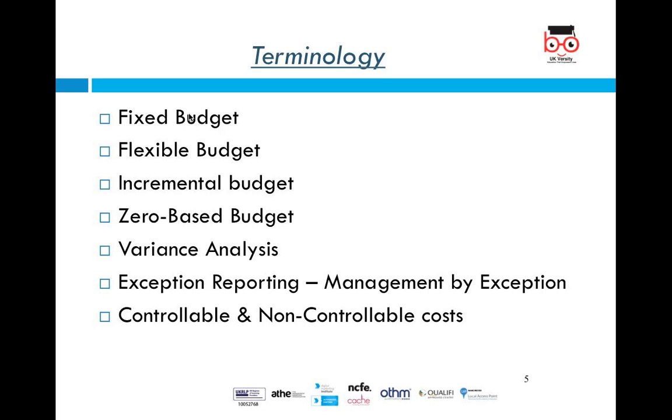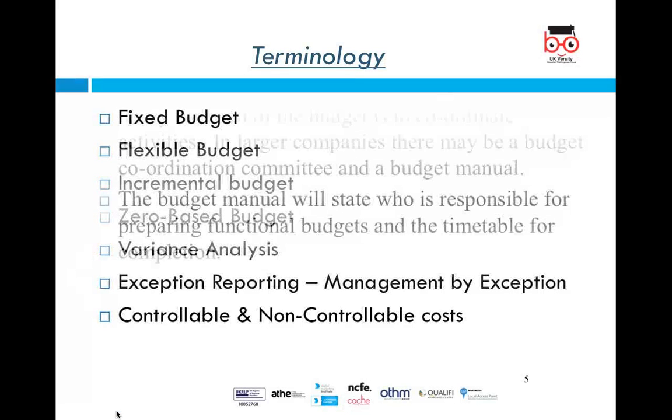To flex a budget, you either multiply the original fixed budget by actual units over budgeted units, or calculate the percentage increase of actual units over the budgeted units, that's the variance, and add that percentage or proportion, or work out the variable cost from the budget and apply that to the flexed budget volume. We will do one exercise later in this session on how to flex a budget based on variance analysis against the fixed budget. These are some of the terminology we are going to use in this session.